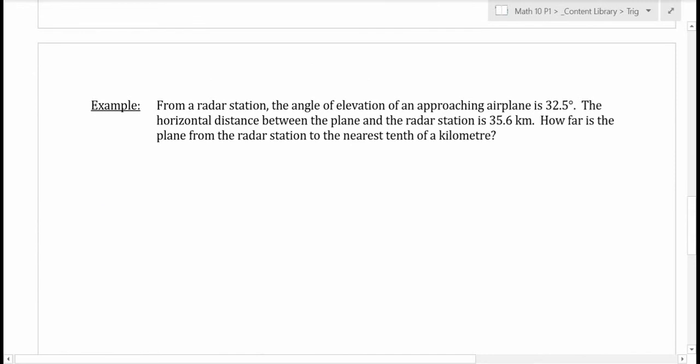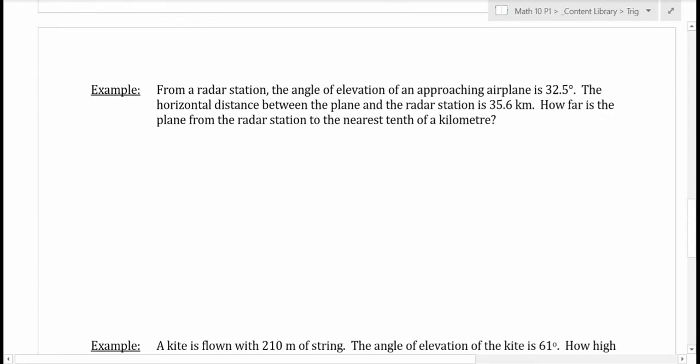Okay, so here is the first one. It says from a radar station, the angle of elevation of an approaching airplane is 32.5 degrees. The horizontal distance between the plane and the radar station is 35.6 kilometers. So we've got a radar station here. I don't know how to draw it, so there you go, close enough.